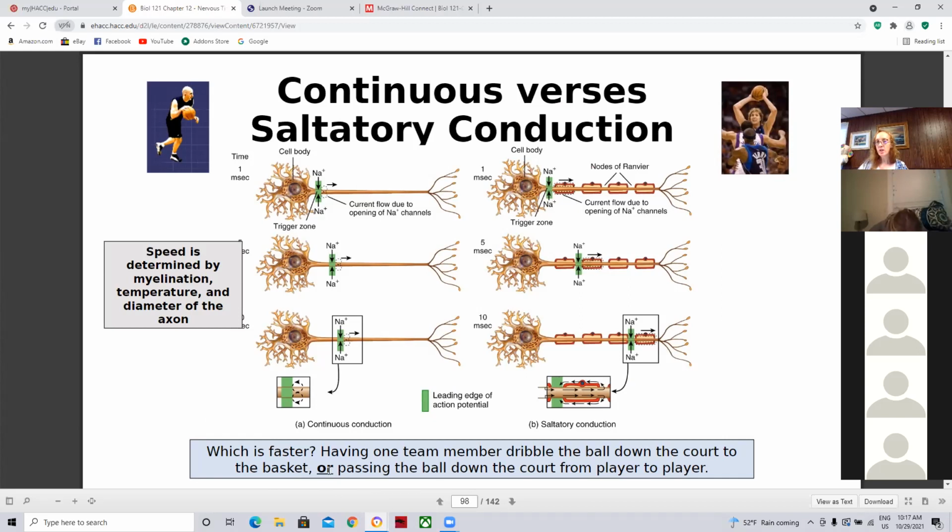Saltatory conduction is being able to throw it and pass it. Or at that next node, the person may dribble it for a second and then they'll pass it again. Continuous is having to dribble it every time.